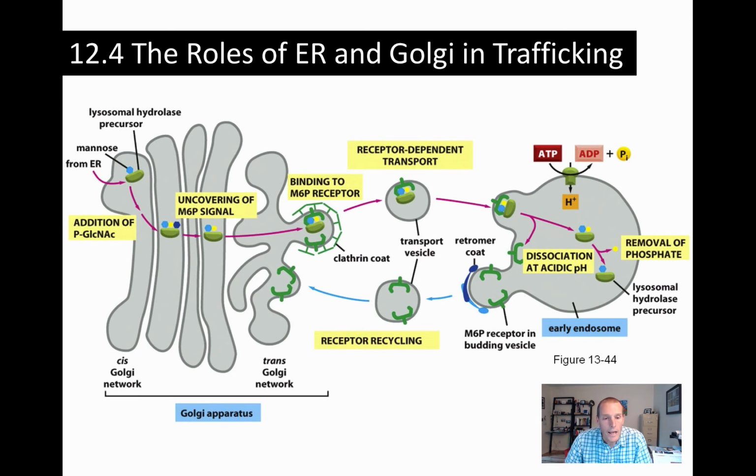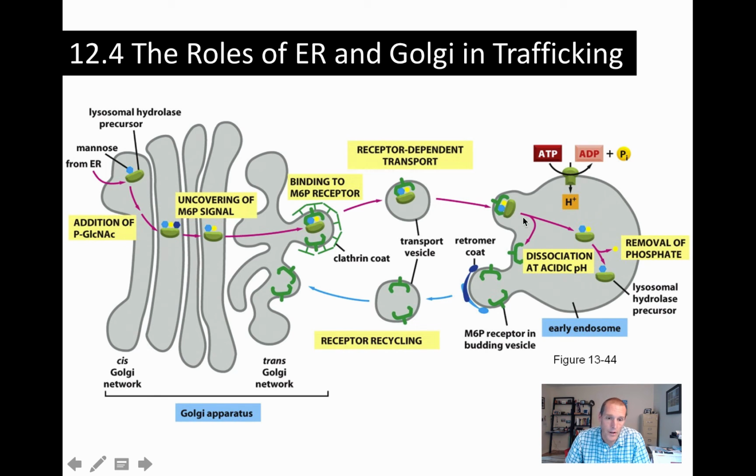So in this early endosome here, the pH is low, and so that low pH, that acidic pH, is generated by protons being pumped into the lumen of the vesicle, and so there's an ATP dependent proton pump here, and so that acidifies the lumen of the early endosome, and that causes the mannose 6-phosphorylated protein to dissociate from the mannose 6-phosphate receptor.